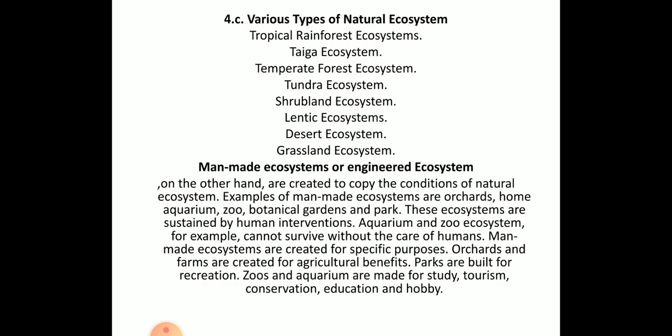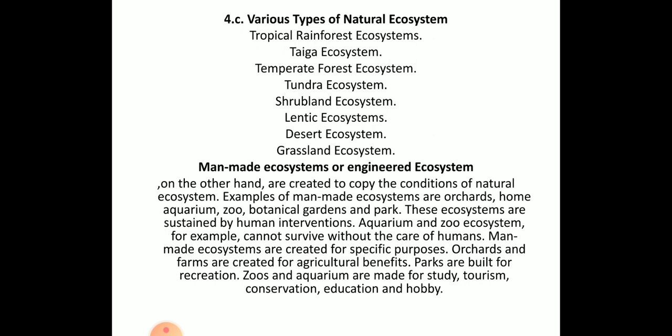Next, the various types of natural ecosystems. There are many different types of natural ecosystems like rainforest, temperate forest, tundra regions, desert, grasslands, tropical forest lands, and evergreen forests.